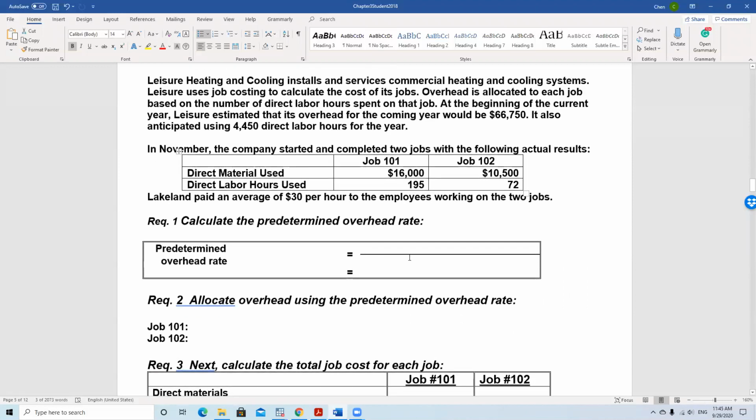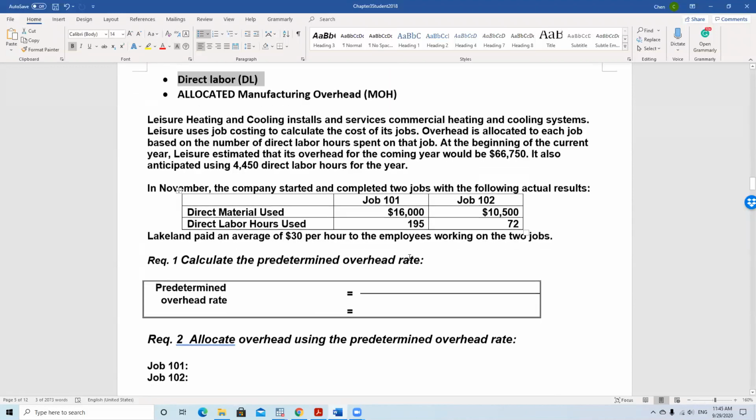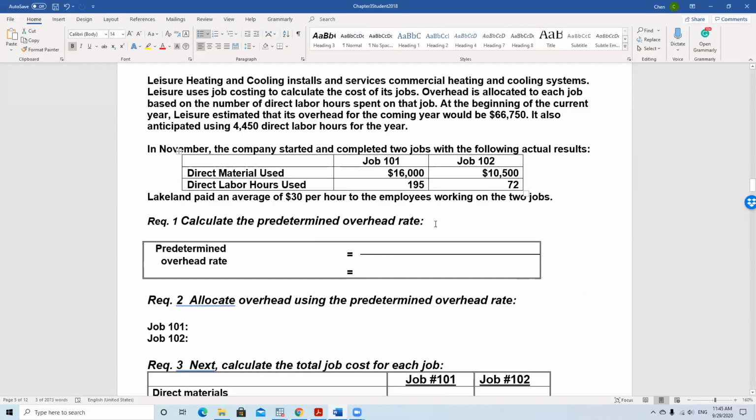Let me go over this example a little bit more to help you do this overall job costing. So this company has commercial heating and cooling systems, and overhead is allocated to each job based on the number of direct labor hours spent on the job. Pay very close attention here. What red flag just flashed in your mind when you read this?